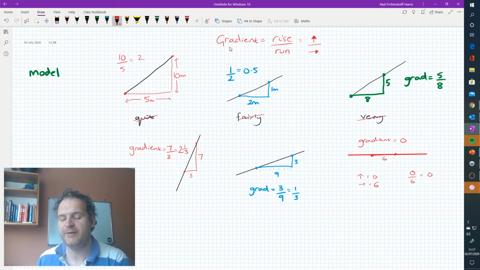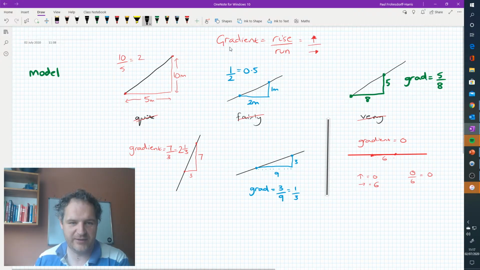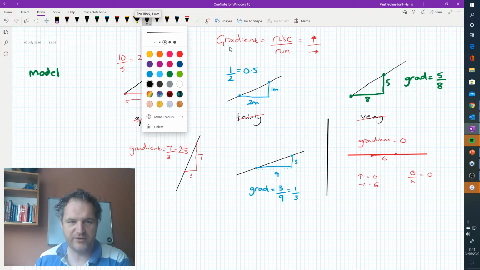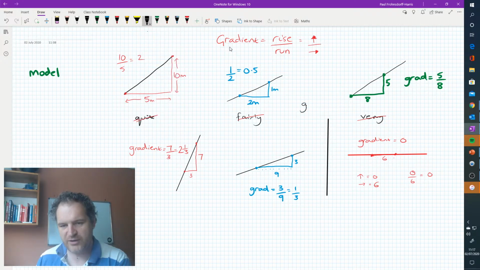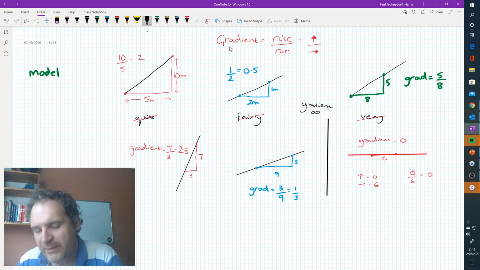of 0. The weird thing being, if you were doing a straight up line, and we'll squeeze one in this gap here, this has a gradient of infinity, which is a bit weird. And I'm going to write it like this, if you haven't seen infinity before. Infinity confuses lots of people because it isn't a number.